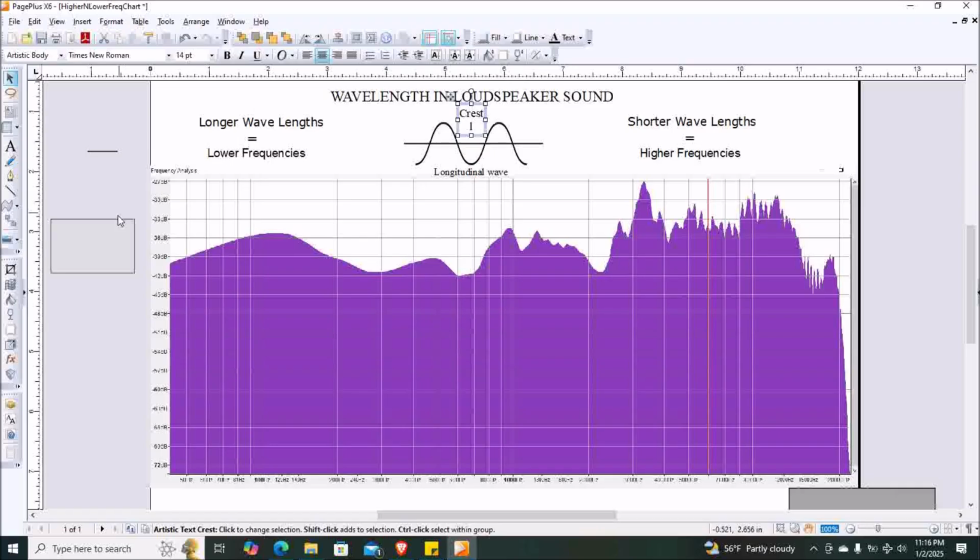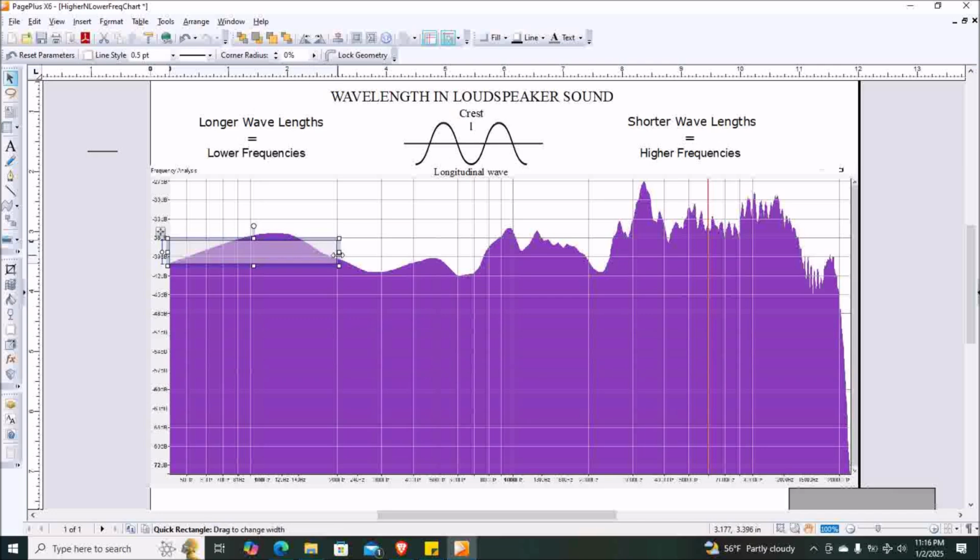For example, I'm going to look at the low frequency right here, which is from 50 hertz to, I think, maybe 300 hertz, but as you can see, the wavelength is long. That means these are the lower frequencies. But as you go up, you notice the wavelengths start to get shorter and shorter.